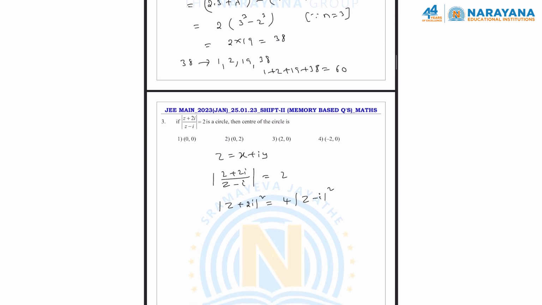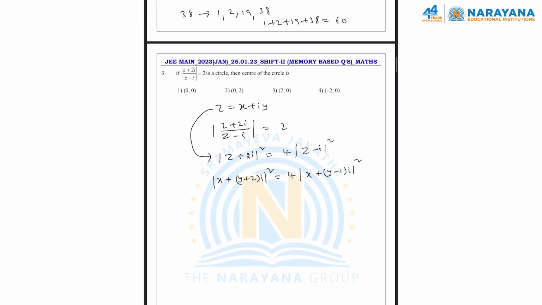Now substituting z = x + iy: taking i common, |x + i(y + 2)| whole square is equal to 4 times |x + i(y − 1)| whole square. Now what will be the modulus square of these expressions?